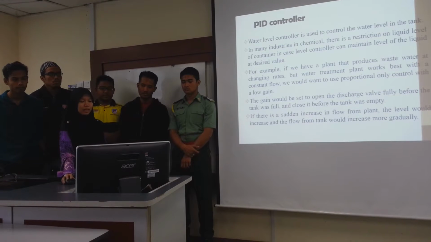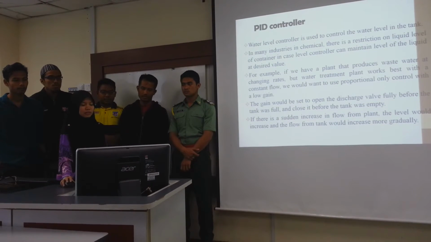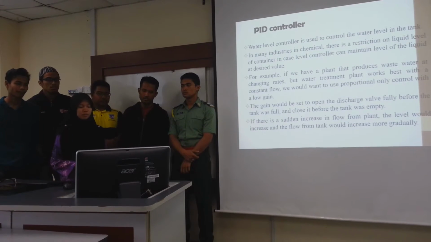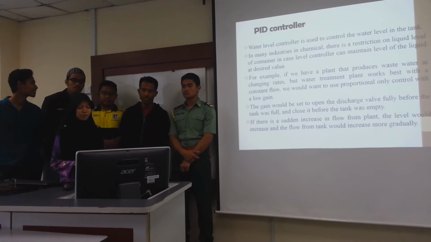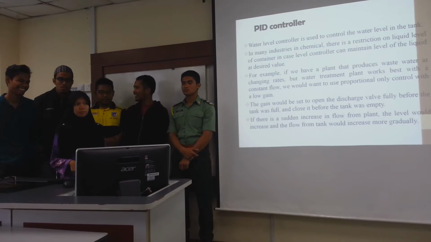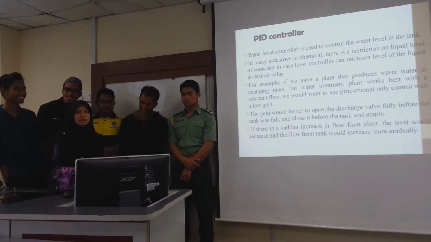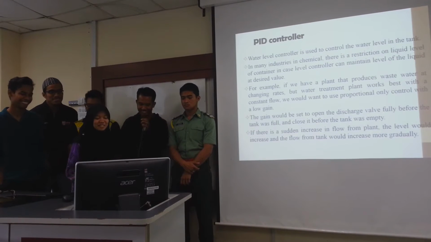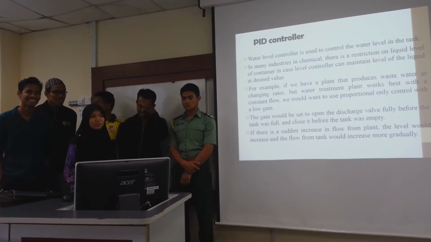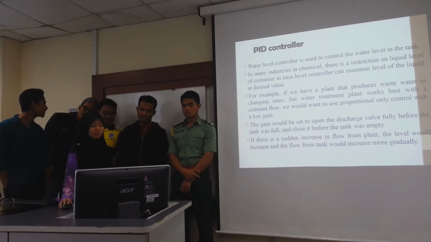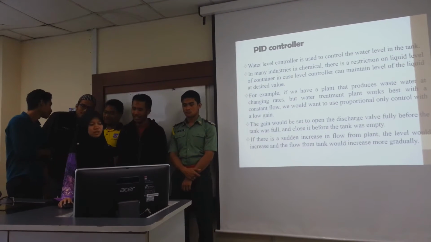The gain can be set to open the discharge valve before the tank is full, because we need to close it before the tank is empty. Okay, if there is a sudden increase in the flow, the level will increase and the flow from the tank will also increase.